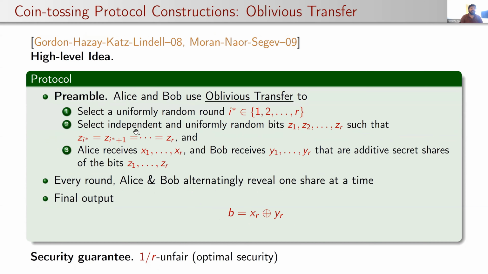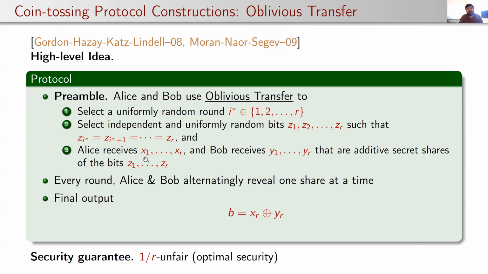In 2009, an amazingly elegant protocol was proposed, which does the following. Suppose oblivious transfer exists, then parties use oblivious transfer to choose a magical round i star. Given this magical round i star, they pick random independent bits z1, z2, ..., zR with the following property: the random bit loses its entropy starting at round i star. There is no entropy left.